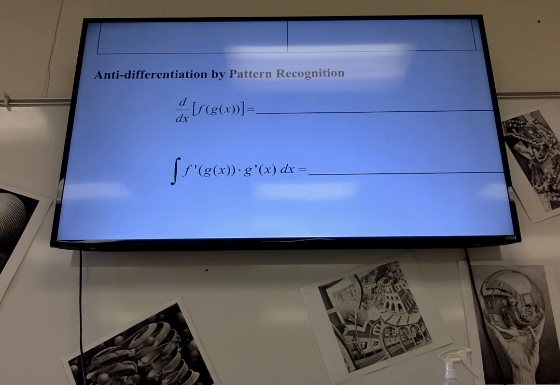Okay, so pattern recognition. When we took the derivative of f of some composite function, it was just f prime of g of x times what? G prime of x. Partial credit.